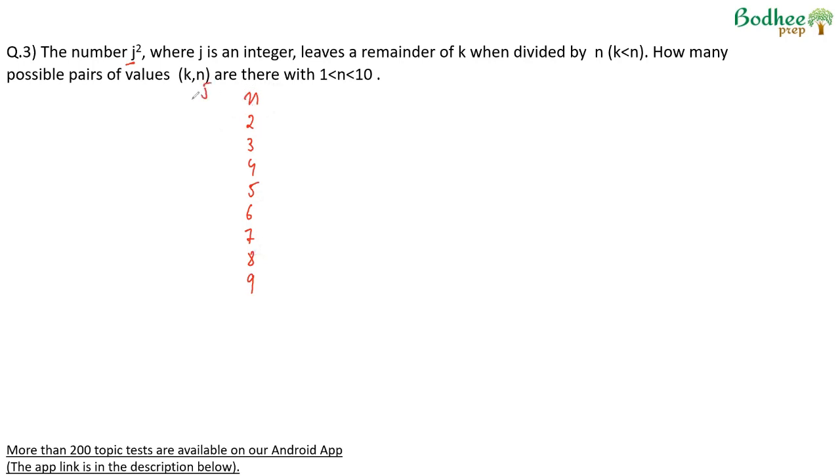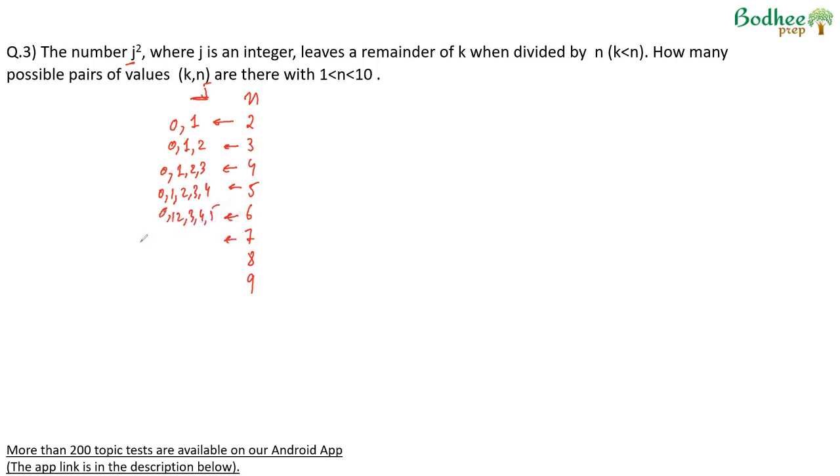If we look at j, any number with 2 could be leaving a remainder of 0 or 1. When divided by 3, any number could leave a remainder of 0, 1, 2. With 4, 0, 1, 2 or 3. With 5, the remainders could be 0, 1, 2, 3, 4. With 6, they could be 0, 1, 2, 3, 4, 5.